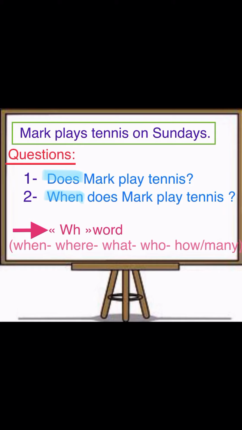Examples, we have when, where, what, who, and how, or how many. We place them again before the sentence. And of course, we have to use the auxiliary with WH questions.